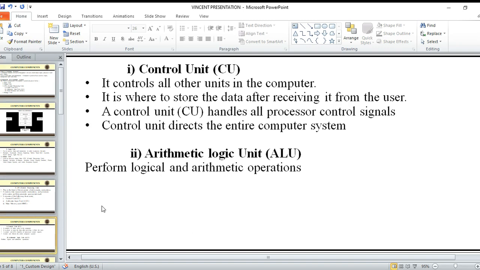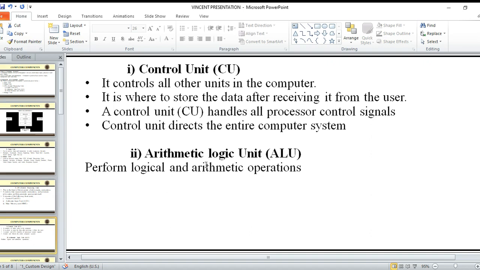So, control unit has got four major functions. One, it controls all the other units in the computer, and we have seen the units. Example is we have the input unit, memory. We also have the output unit.